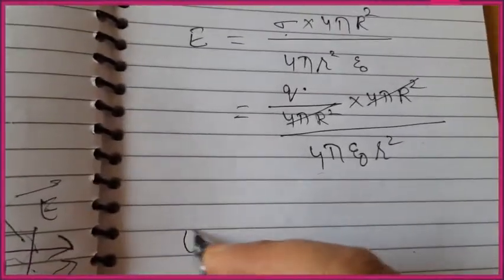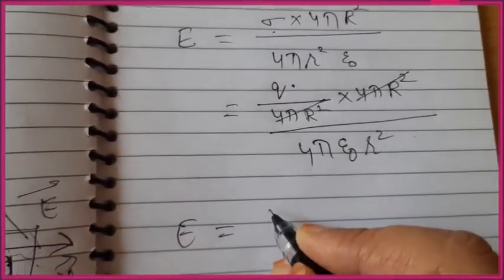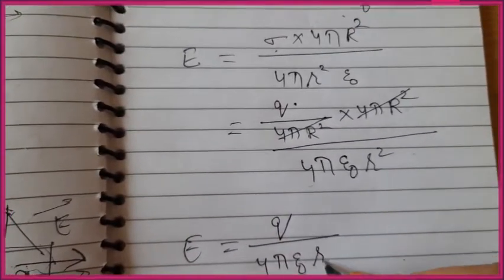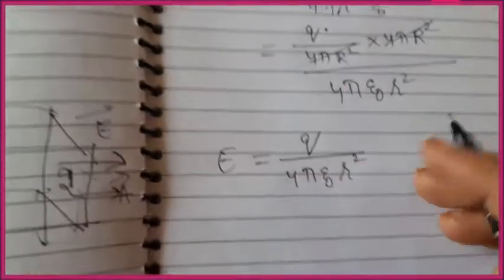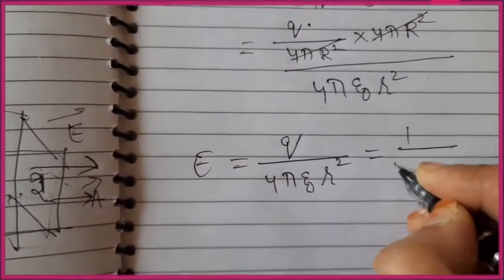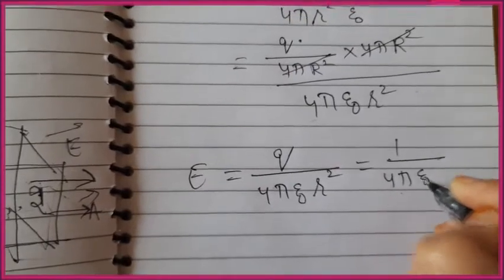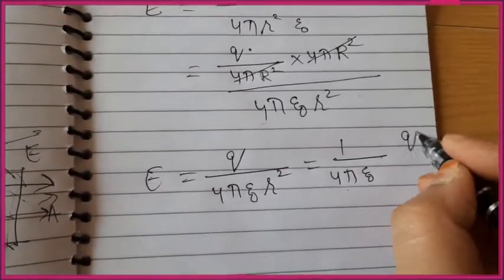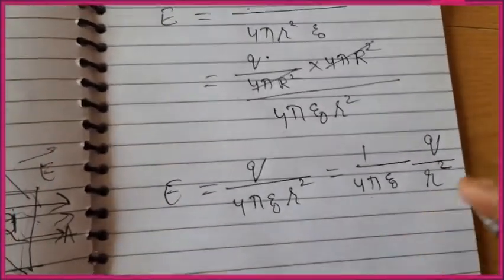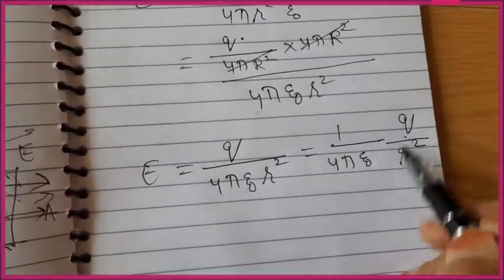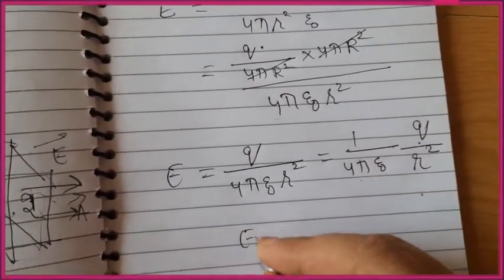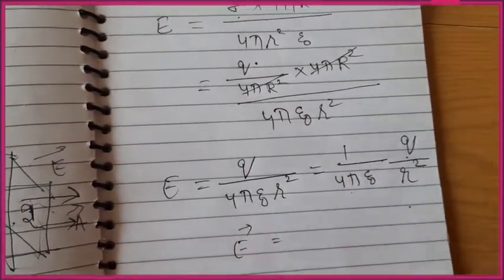So this way we get the final expression Q upon 4 pi epsilon naught r square. And you can see that this is the same as the expression that we obtained by the concept of Coulomb's law. Electric field due to charge Q is given by 1 upon 4 pi epsilon naught Q by r square, if you remember. And if you want to write it in vector form, we add the unit vector.